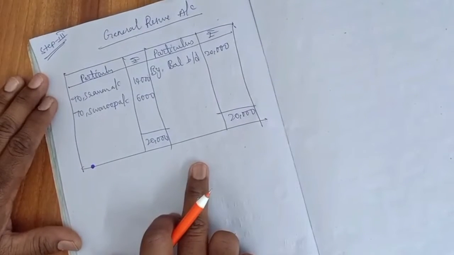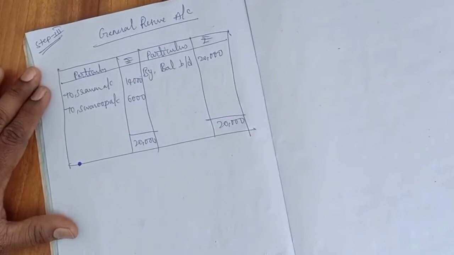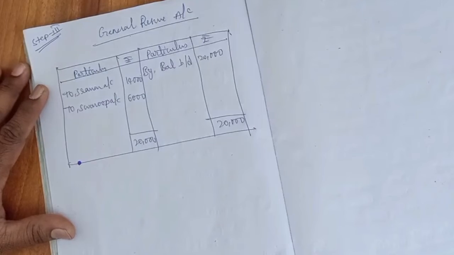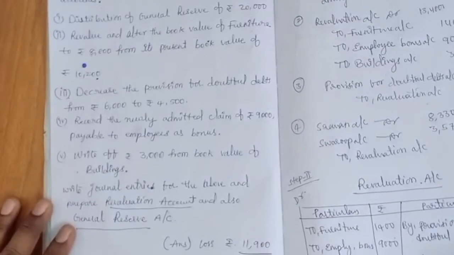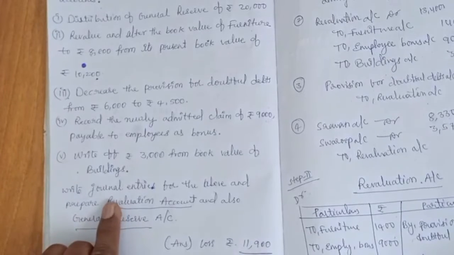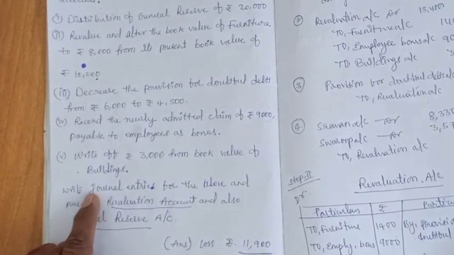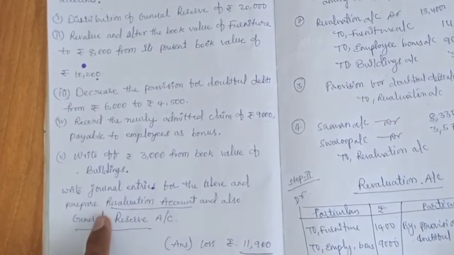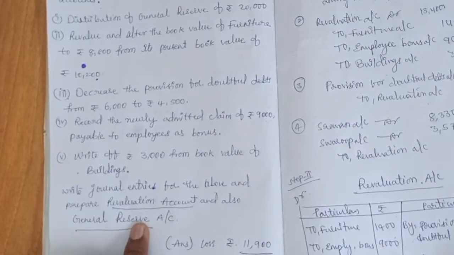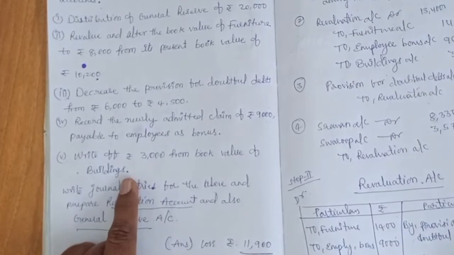Understood now, friends? So this is how we have to do the accounting in the admission of a partner for this kind of questions. So we have to do only what is asked in the question. Write journal entries for the above and prepare revaluation account and general reserve. Not more than this. Only 3 we have to prepare. What is step number 1? Journal entries.